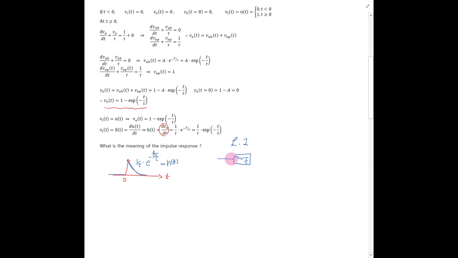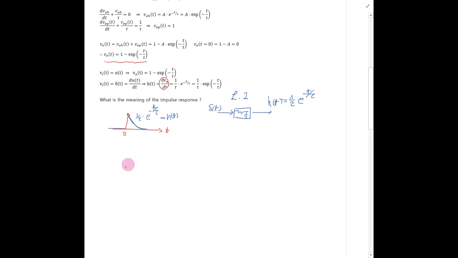So here, if you apply the delta function, then the output is given as h(t). h(t) is 1 over tau e to the minus t over tau. Okay, so this is the response.